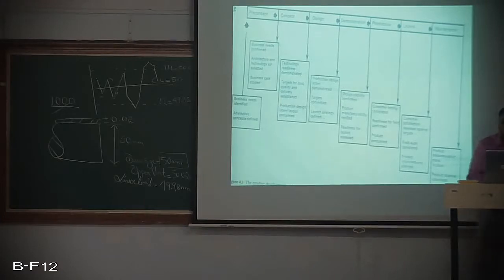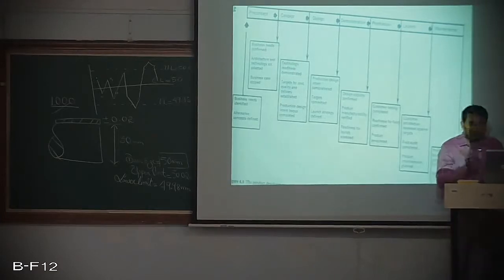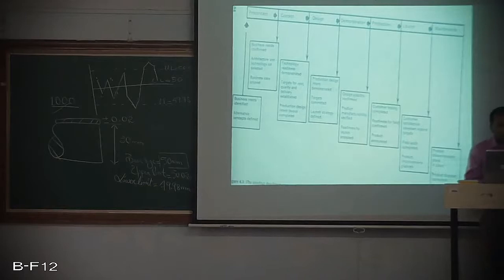So that means what is the needs from the customer is identified in this pre-concept phase, and the alternate concepts are defined also in this pre-concept phase.